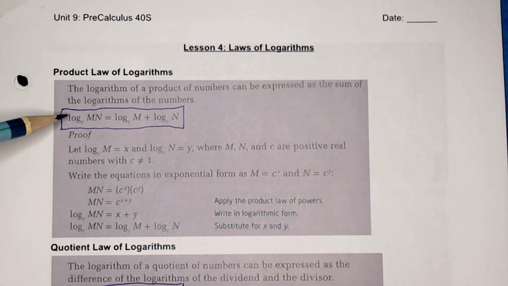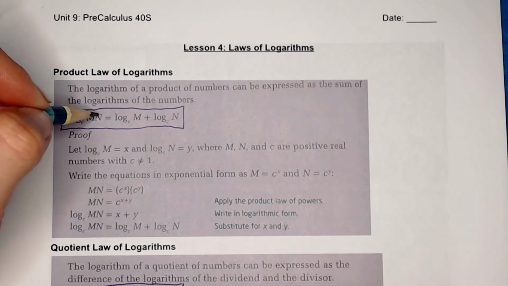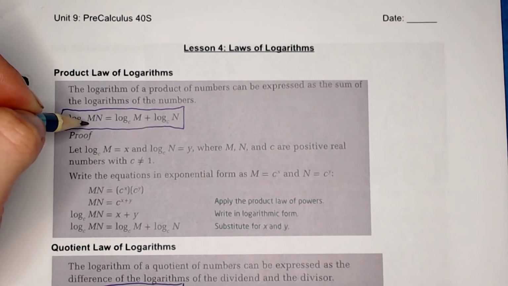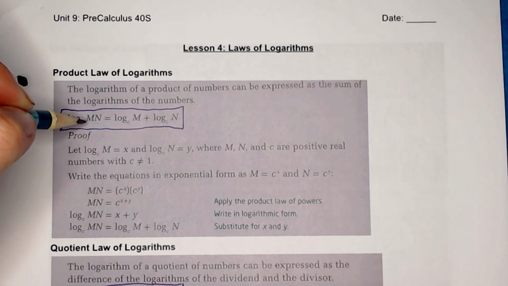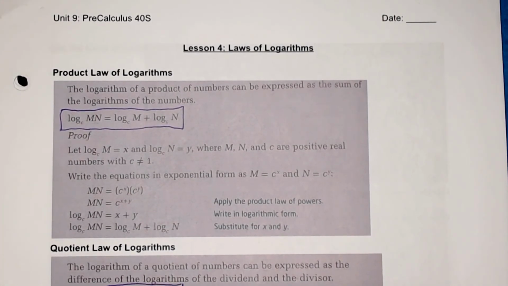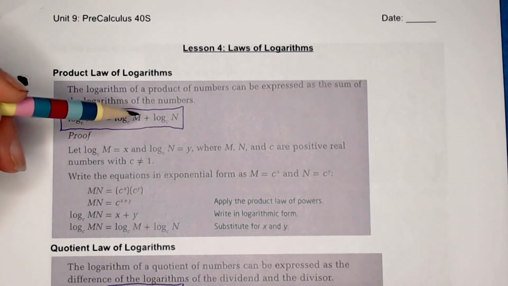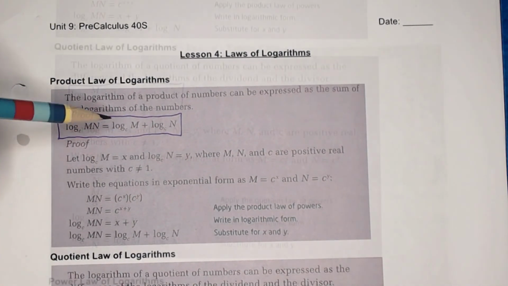So if you are presented with a logarithm that has multiplication of the two answers, it could look like 2 root 2 or 8 times 6, whatever it is, then you can break it apart into its parts with the same base c.